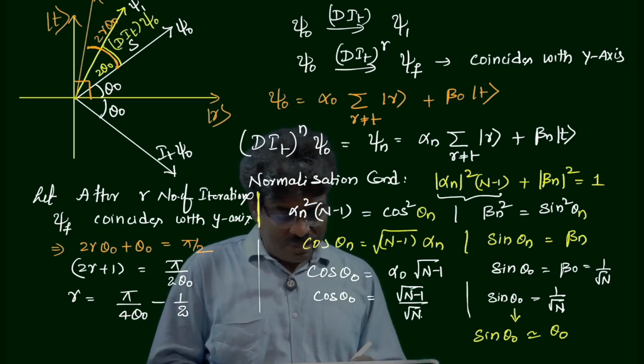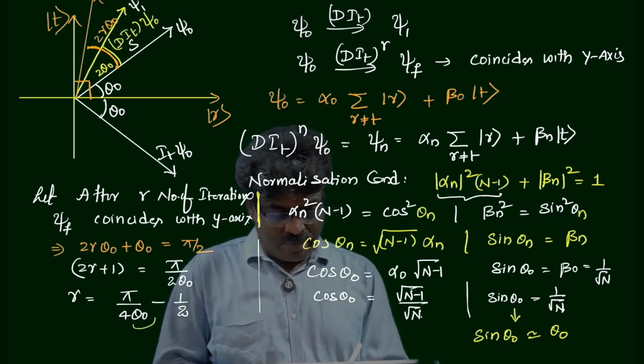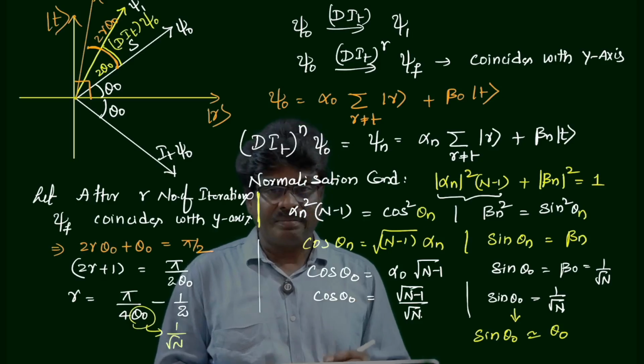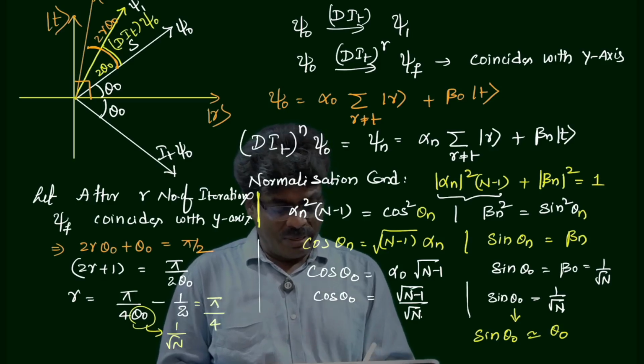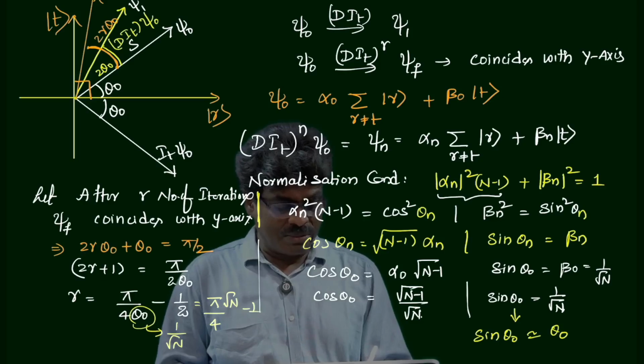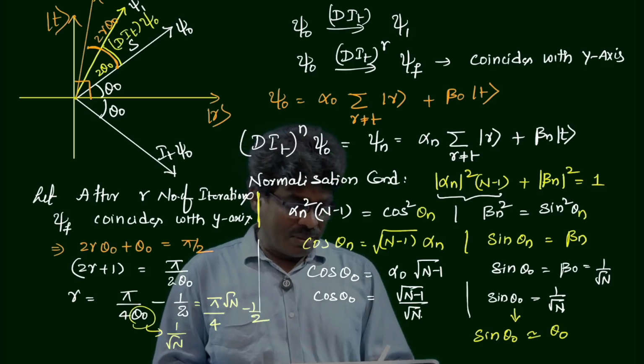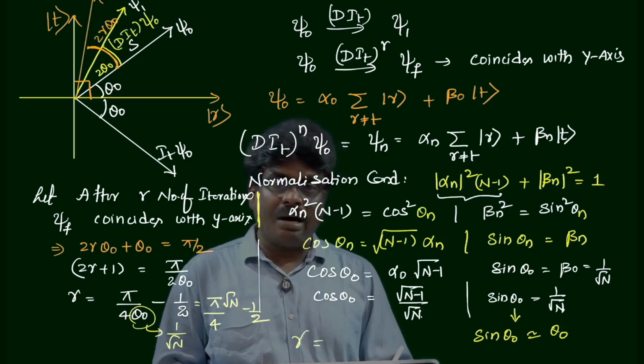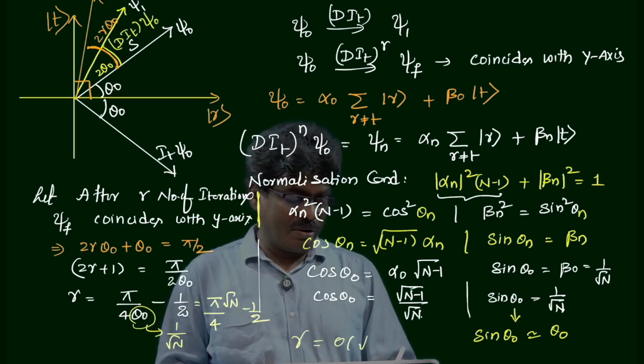So we can replace theta naught with 1 over root n. This is pi by 4, root n goes to the numerator, minus 1 by 2, and we get the number of iterations r is of the order of root n.